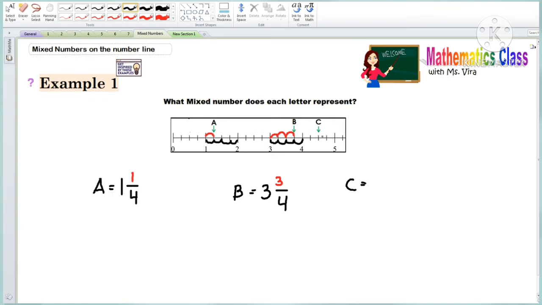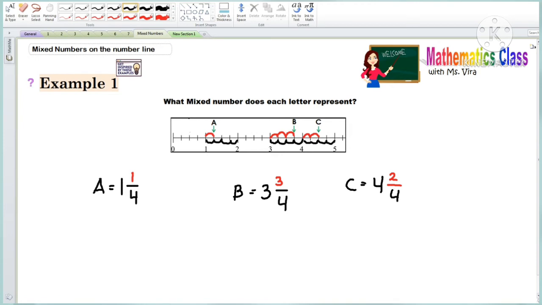Letter C, it's between number 4 and number 5. So of course the whole number is 4. And numerator, we count how many steps from number 4 to letter C. It's 2 steps. So numerator 2. Denominator, from number 4 to number 5, 1, 2, 3, 4. 4 steps.